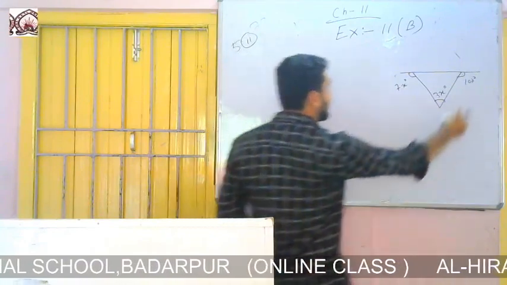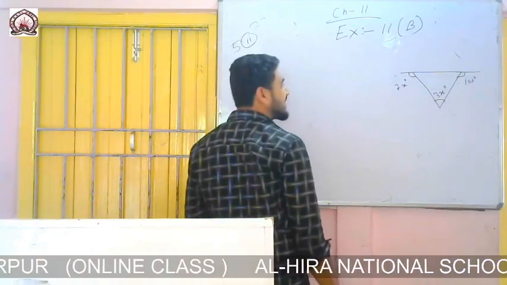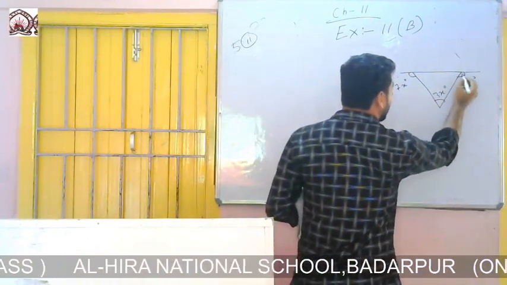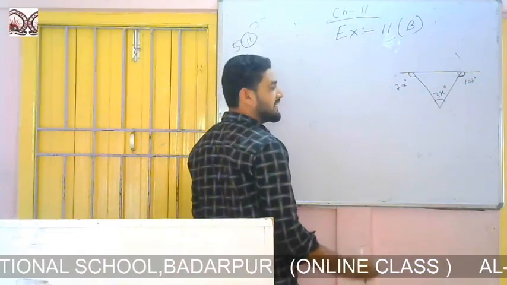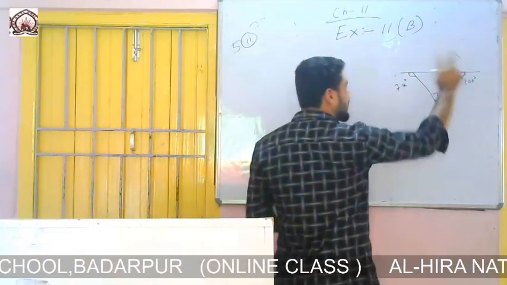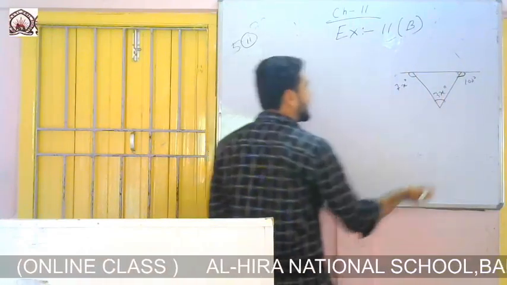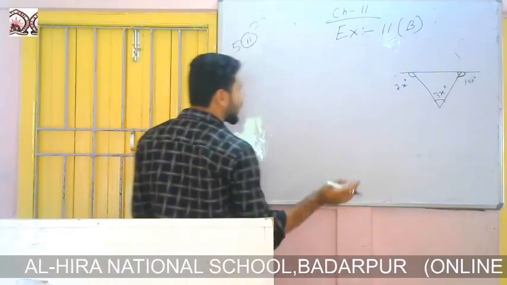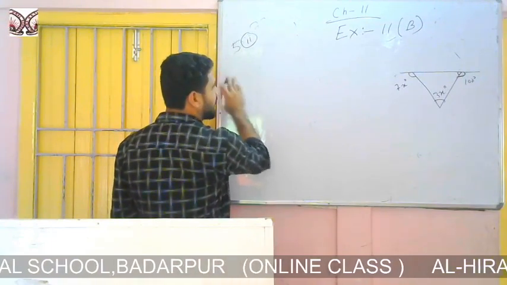To find x we will need the help of this 100 degrees. You see, if I consider this a straight line, and where there is a straight line there is a straight angle, so I can say that this angle and this angle will be 180 degrees. That means the sum of these two angles will be 180 degrees, because they are a linear pair, which I have already discussed.